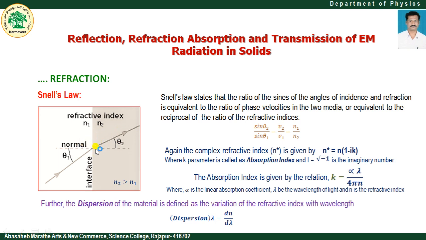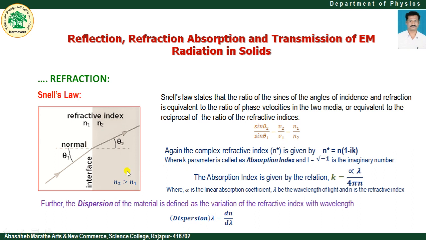So sine theta 2 divided by sine theta 1 is equal to v2 divided by v1. Again, it is equivalent to the ratio of the refractive indices of both media, that is n1 divided by n2. This equation is nothing but Snell's law.